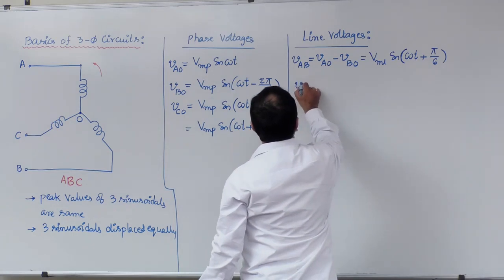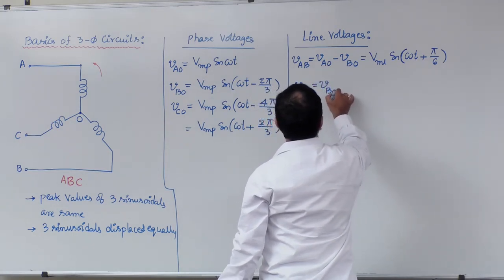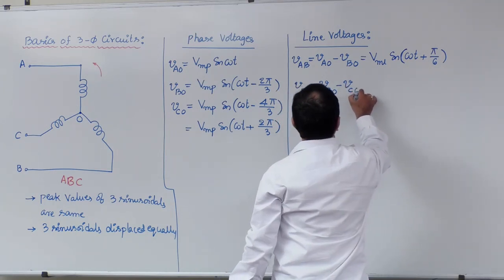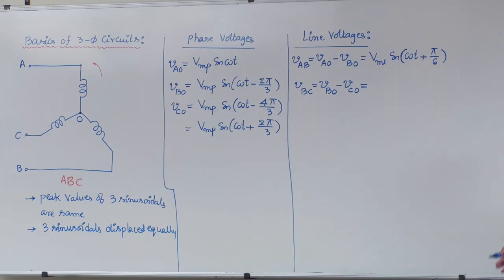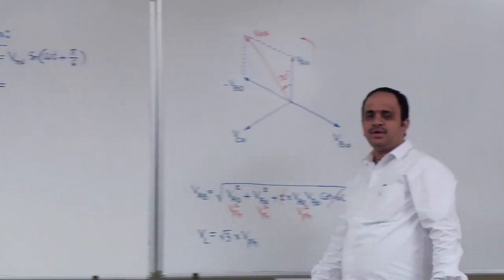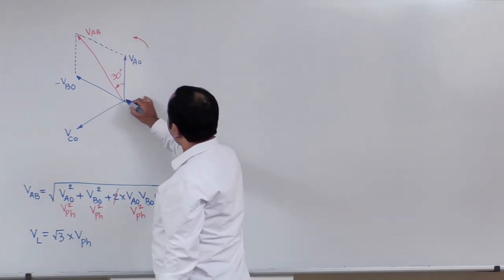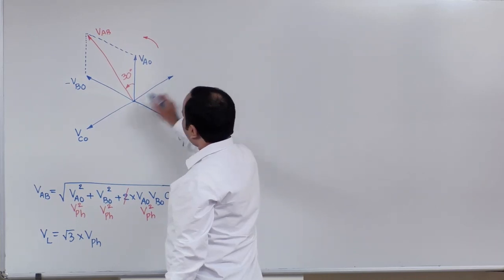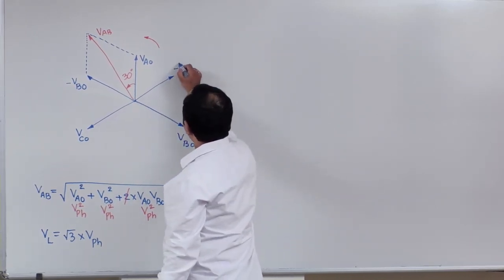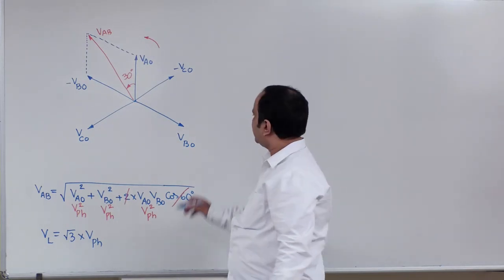Next, VBC definition: VBO minus VCO. Let us see how to define that. Now from this phasor diagram, we want to have BO minus CO. Therefore, you just extend this VCO by 180 degrees. Then you will get minus VCO.